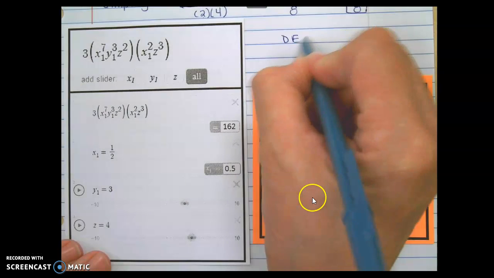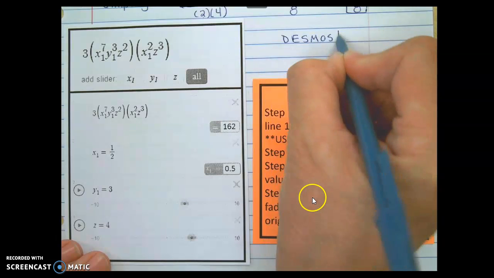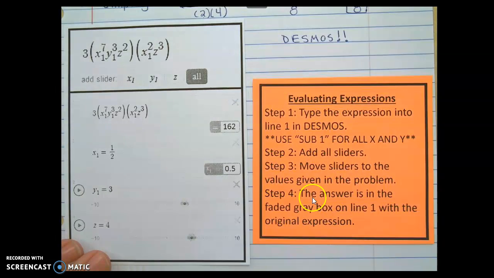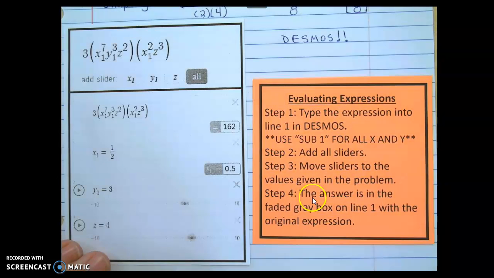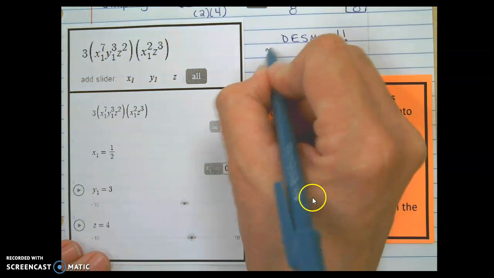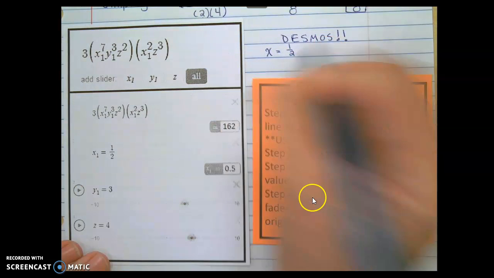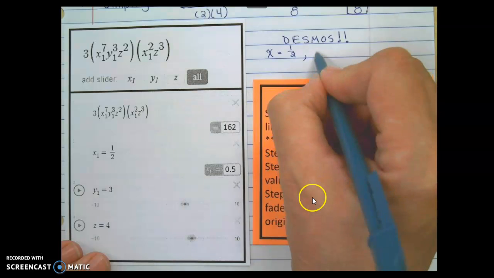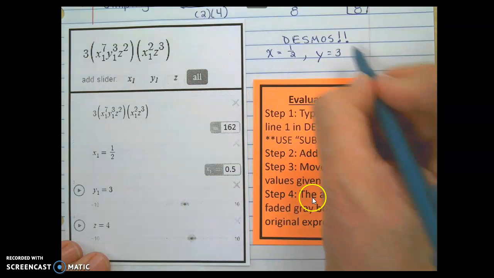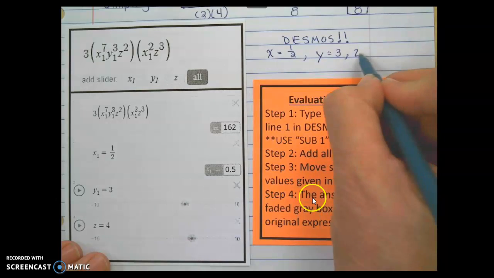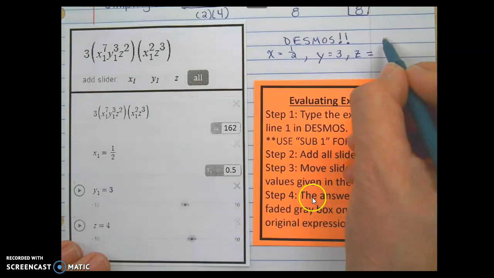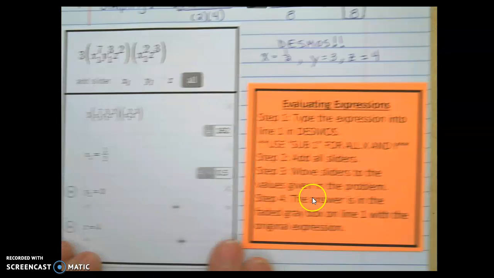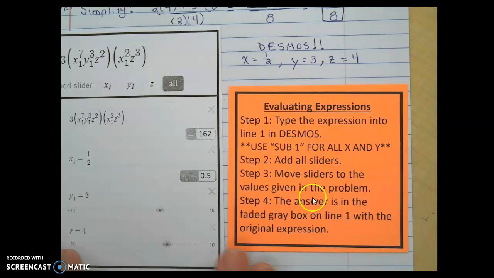We want to say Desmos, exclamation point, exclamation point. Because this is a pretty complicated problem to get it right when you have replacement values like x equals 1/2, y equals 3, z. Now I always put a line down the middle of my z so that it can't be recognized or confused with a 2. So x equals 1/2, y equals 3, z equals 4.